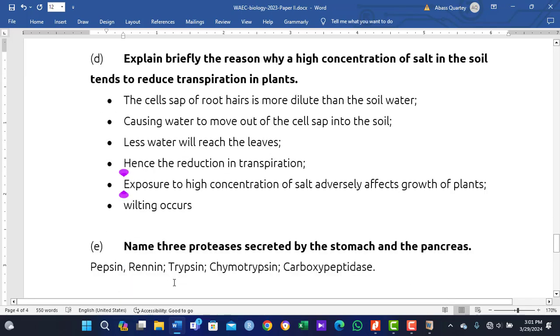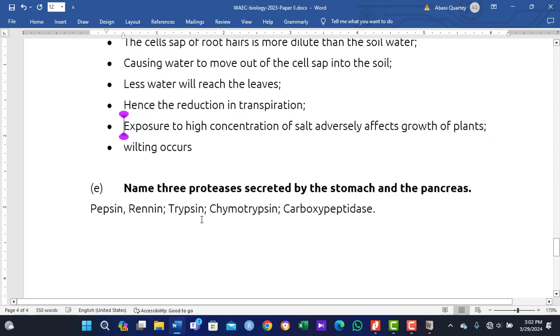Name 3 proteases secreted by the stomach and the pancreas. When you talk about proteases, we are talking about enzymes that break down proteins into smaller polypeptides and peptides. Usually most of these enzymes that digest protein, or break down protein chemically, are in their inactive form.